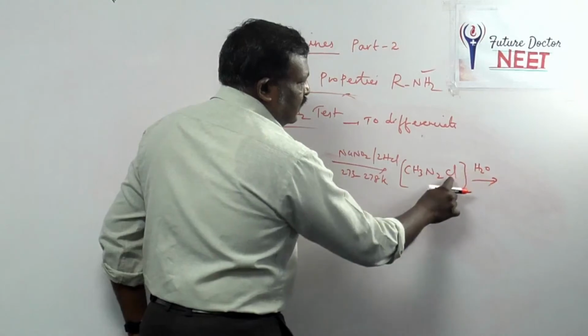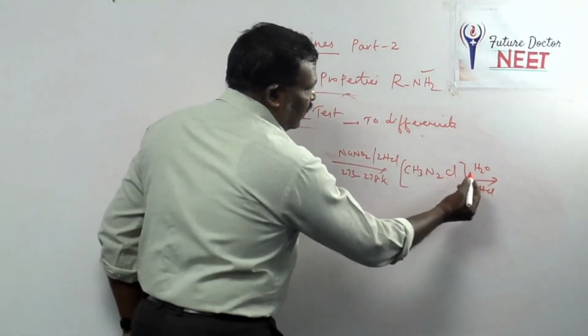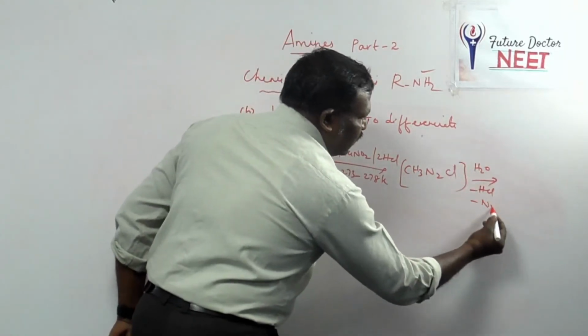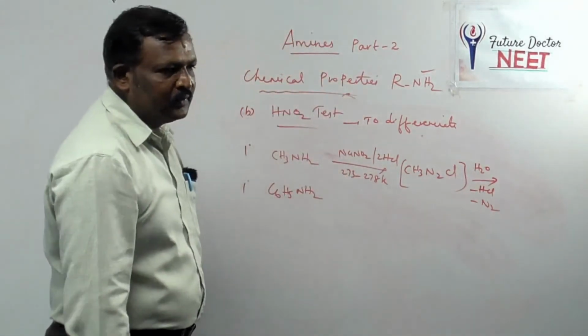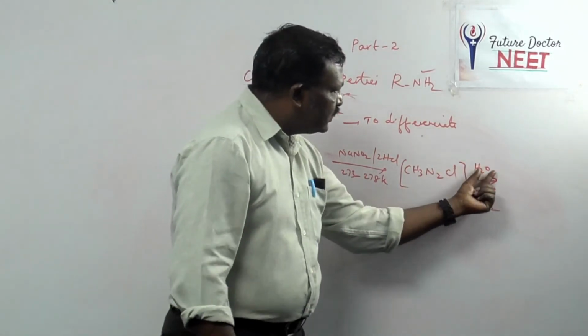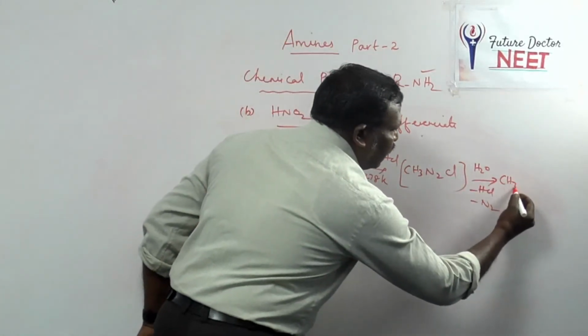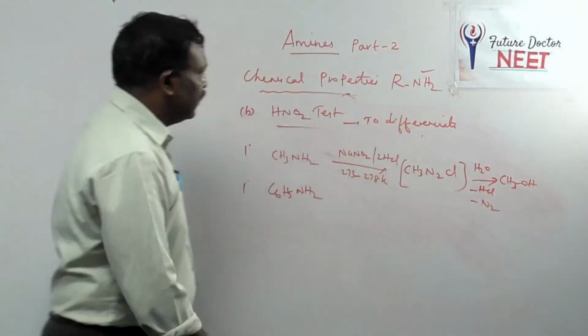One H and one Cl, so HCl is removed, and N2 is removed as nitrogen gas. Then OH is there, OH plus CH3 gives methanol.